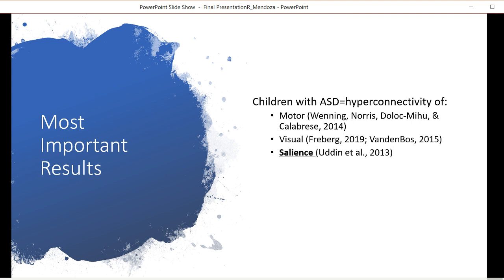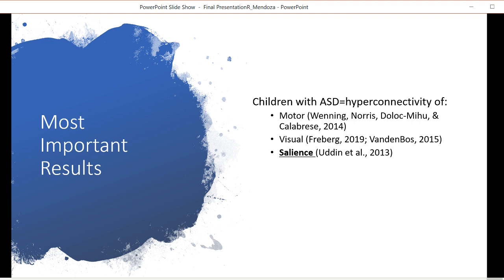The salience network was examined and described predominantly by these current researchers. The salience network is essentially the part of the brain that decides what is most deserving of our attention. Uddin et al. 2013 described the network.